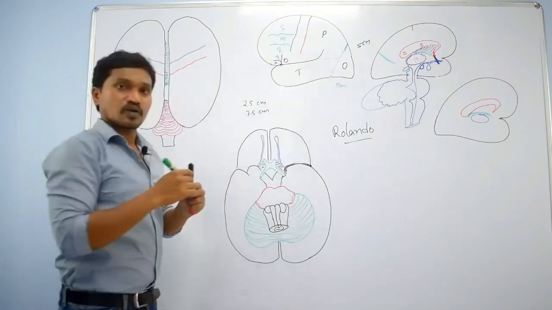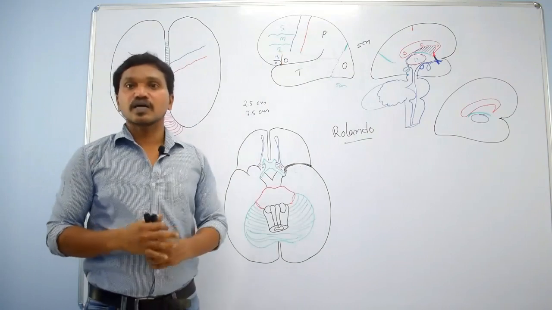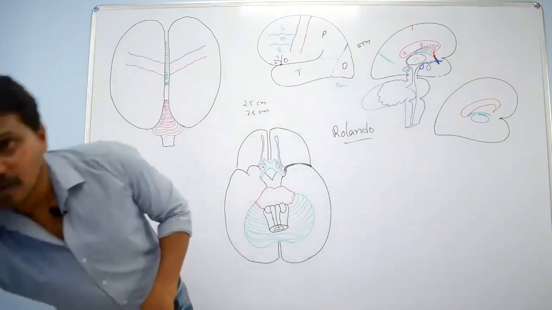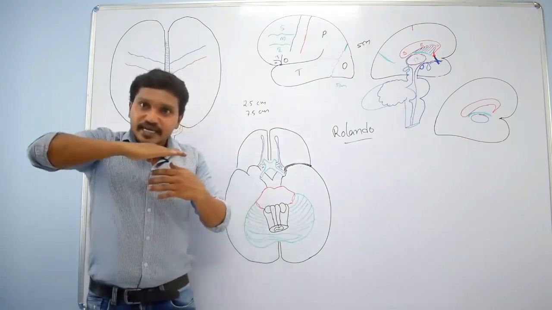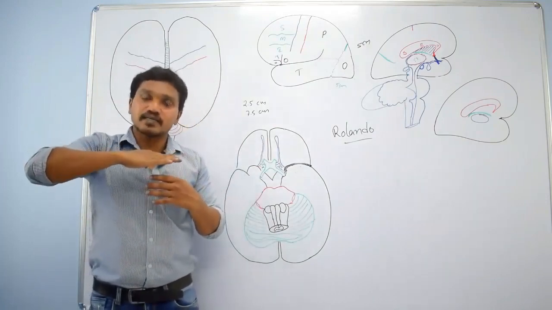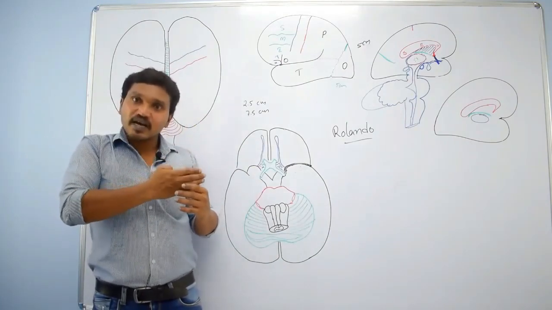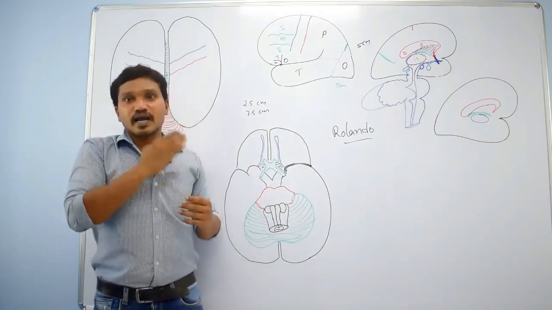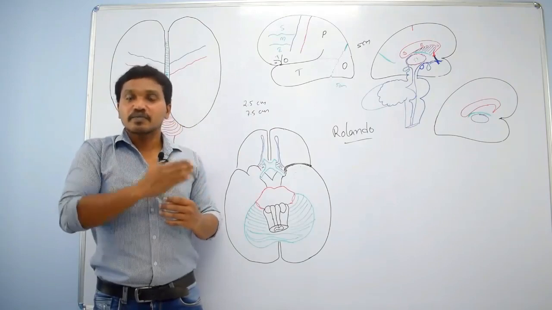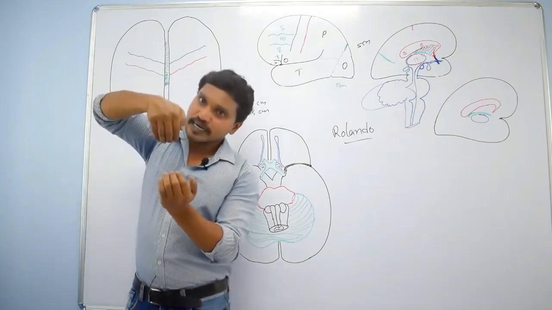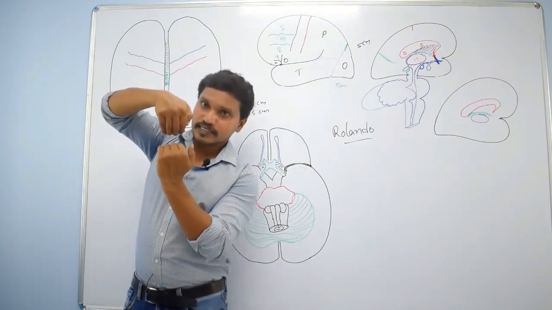Opercula. Why we are calling this as opercularis? I already told you. Because of indentation of lateral sulcus, some grey matter buried within the floor of the lateral sulcus, right? Because of that lateral sulcus, upper part one lid is there, lower part one lid is there, right?